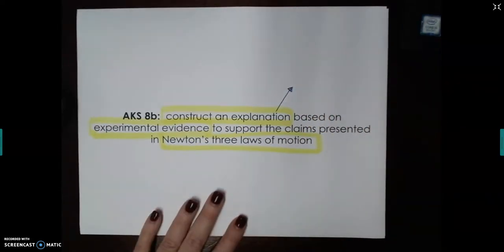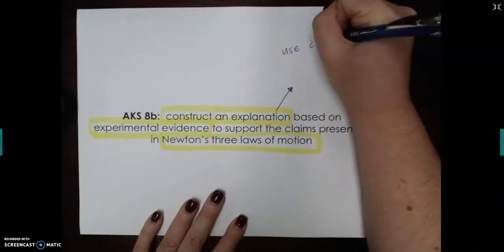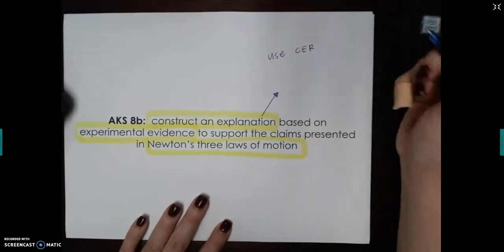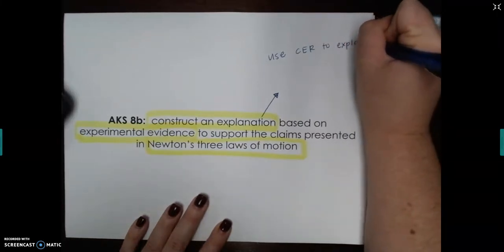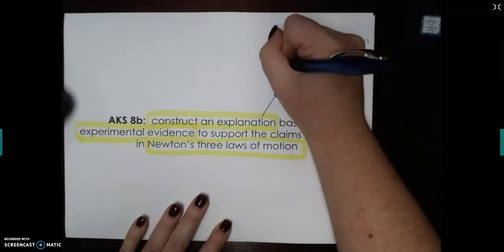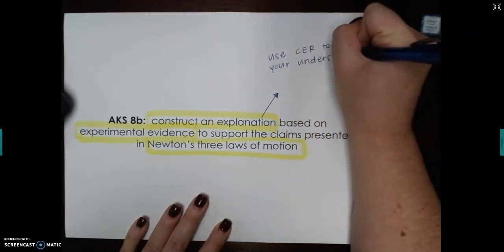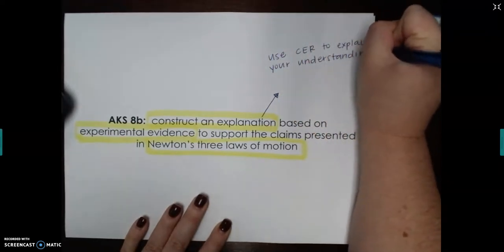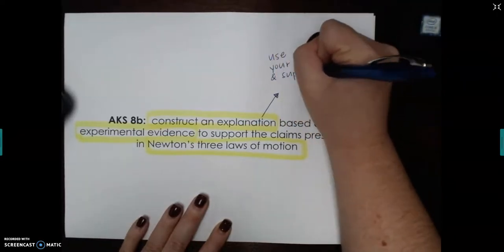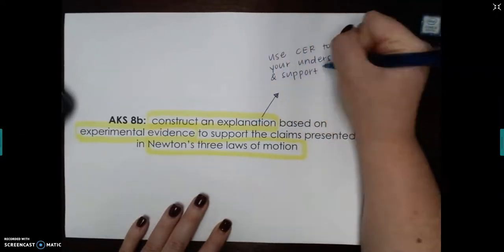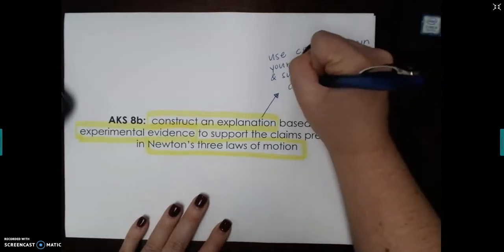Construct an explanation: as a scientist, we're going to use the CER method to explain your understanding and support that claim with evidence.